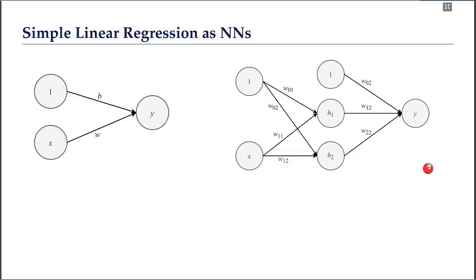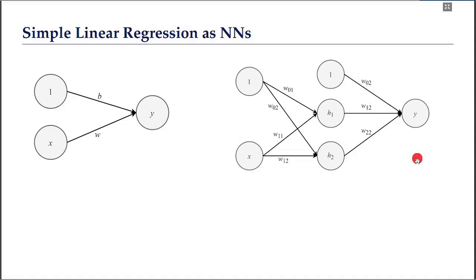We have an output layer, again similar to the first representation of the single layer neural network model, but now we added one hidden layer having 3 nodes. So this simple linear regression model is represented here as a single hidden layer neural network model or a 2-layer neural network model. This is a single layer neural network model. This is a 2-layer neural network model or a single hidden layer neural network model.